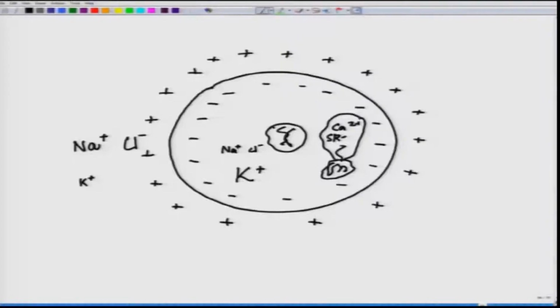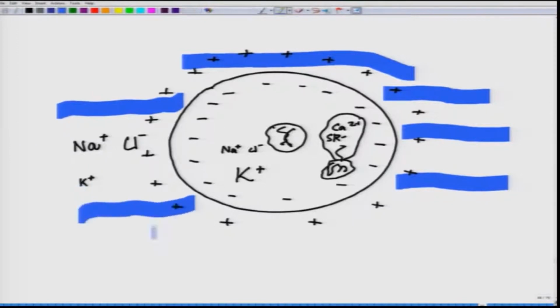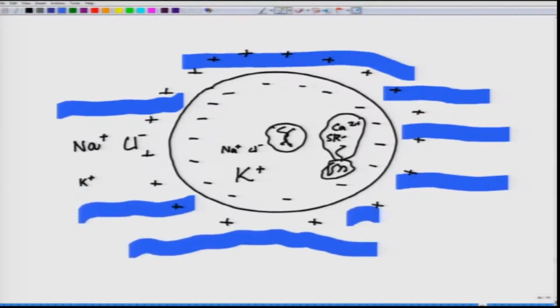Now, having drawn this, you must have seen I have drawn these alphabets at larger and smaller size. There is a reason for it. The extracellular region has a concentration of solutes similar to that of seawater.